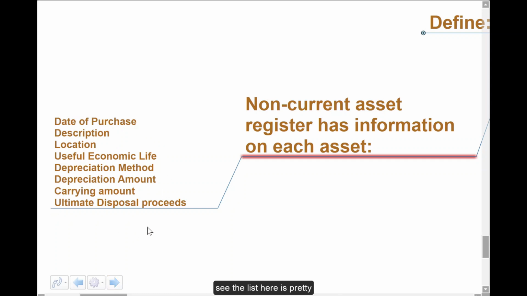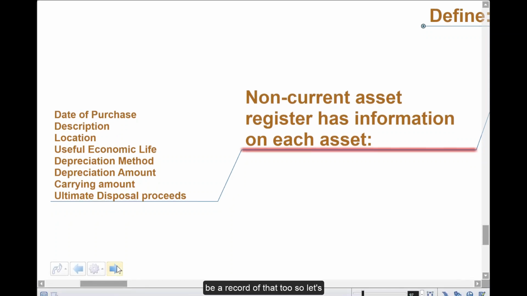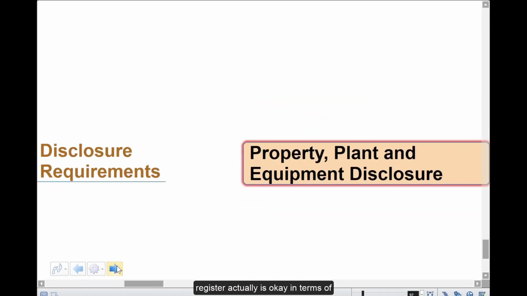So you'll see the list here is pretty comprehensive. Is there anything that isn't included in that list? Not really. Everything is in there in the register relating to every single asset that the business has purchased over the course of time. And even when the assets are sold, obviously, there'll be a record of that too. So let's remember what the non-current asset register actually is.